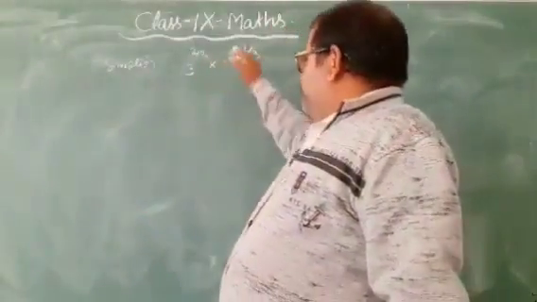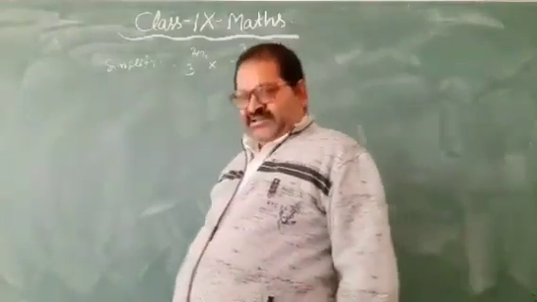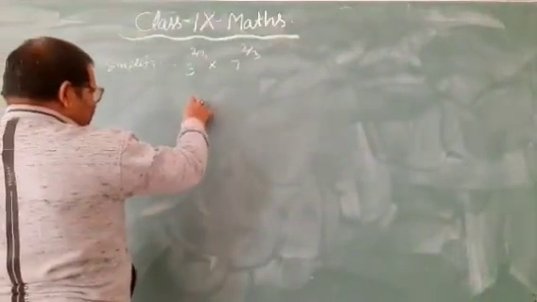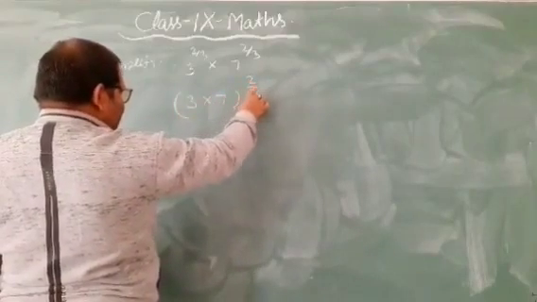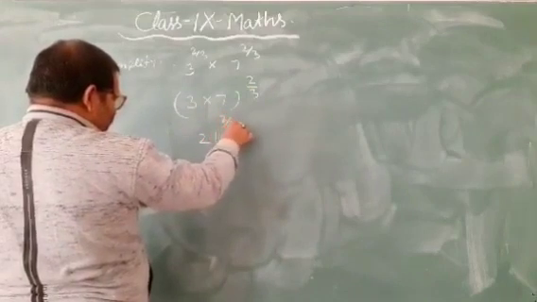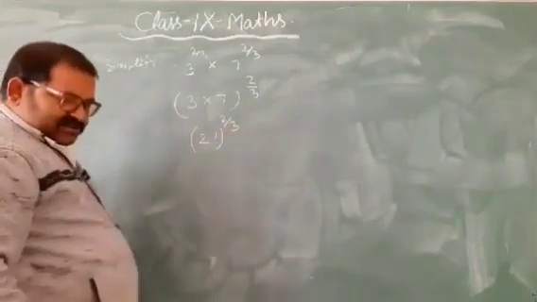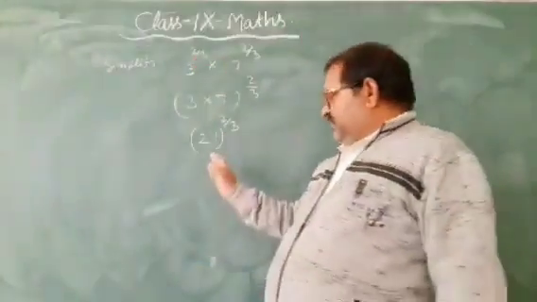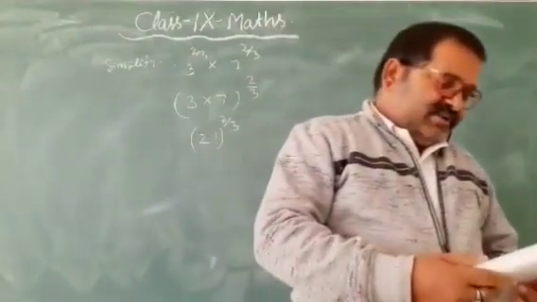The exponent is same and the base is different. So it can be written as 3 into 7 power 2 by 3, which is 21 power 2 by 3. So this is the simplification of the given number. Clear?